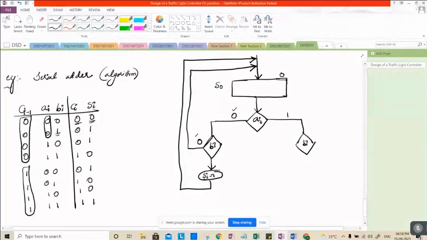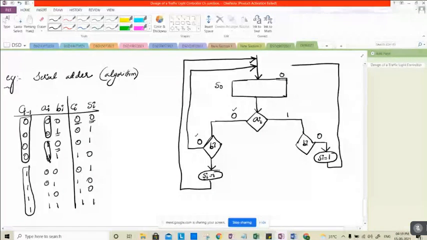Now, whenever AI is equal to 1, what will happen? If it is 0, what will happen? Si is equal to 1, and we will be directed to the same state.